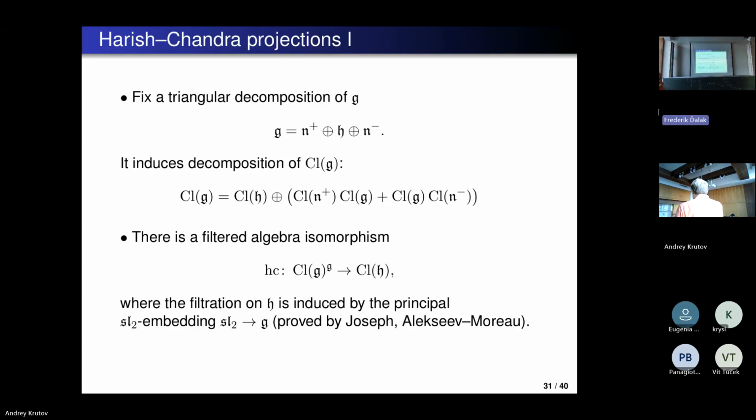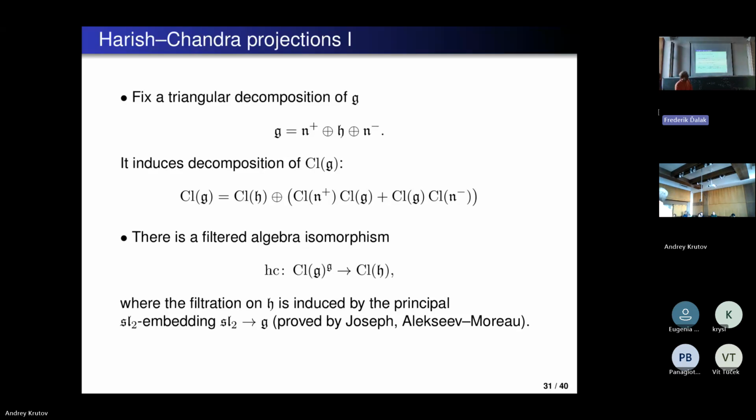When t is equal to 0, you will obtain just the exterior algebra. But if you look at an element in the Clifford algebra, and take the coefficient of the highest power of t of this element, this will give you exactly the Harish-Chandra projection.